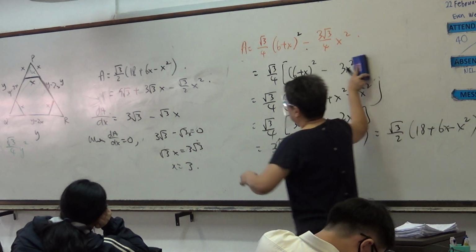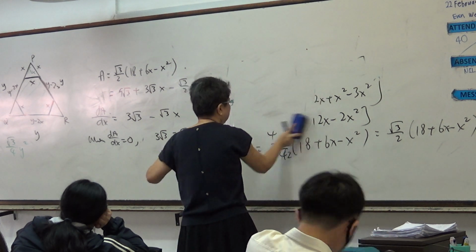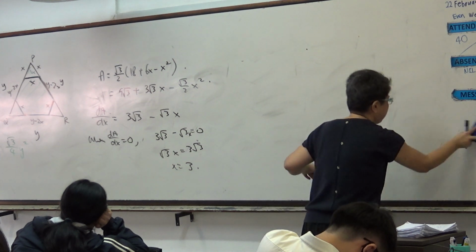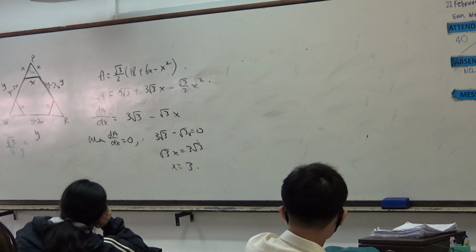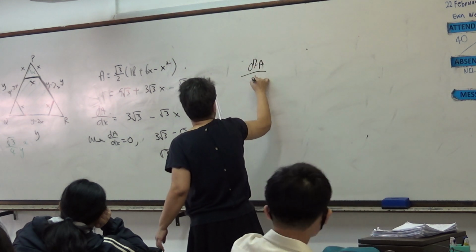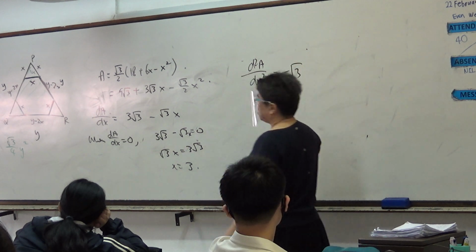Okay, now, what did the question say? Look at the question again. Hence, find what? The maximum value of A as x varies, justify your answer. Okay. The second derivative, I differentiate this again. Becomes just this, right?